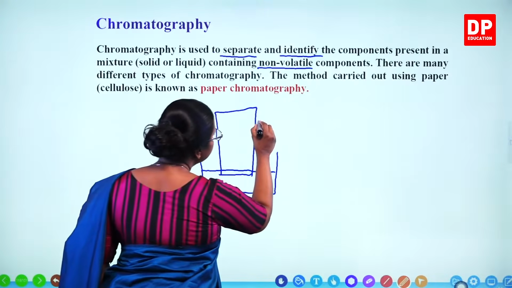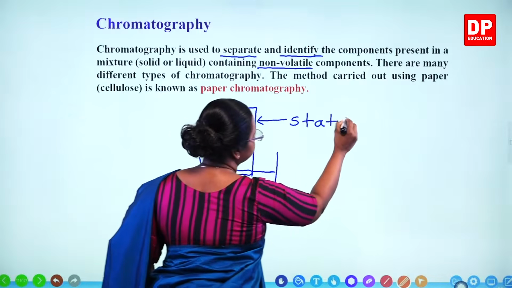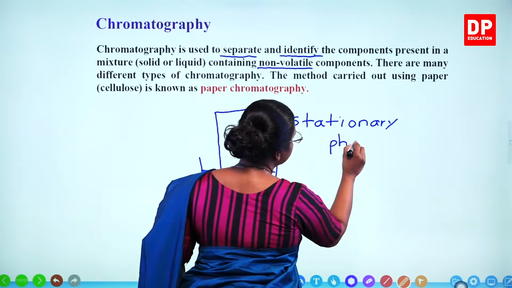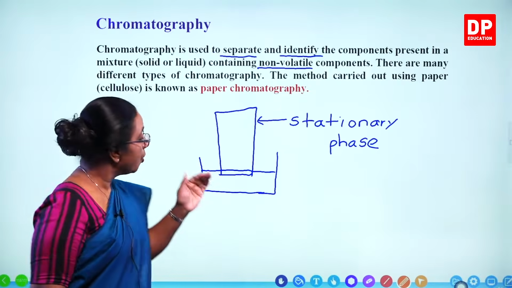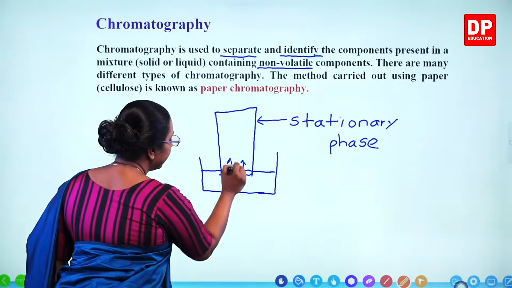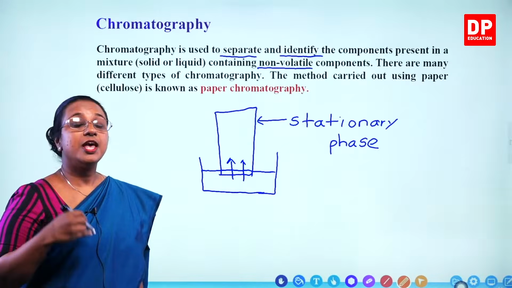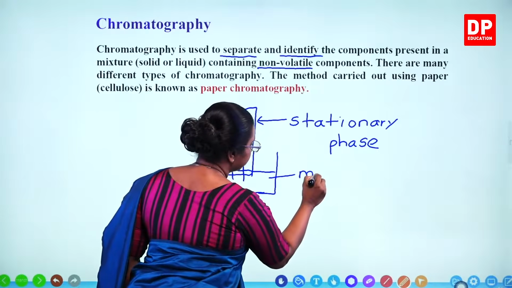So, we call this the stationary phase, because it does not move. Whereas the liquid or the solvent moves along the paper. Therefore, it's known as the mobile phase.